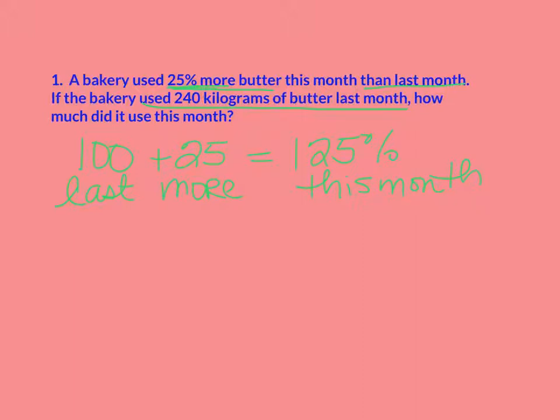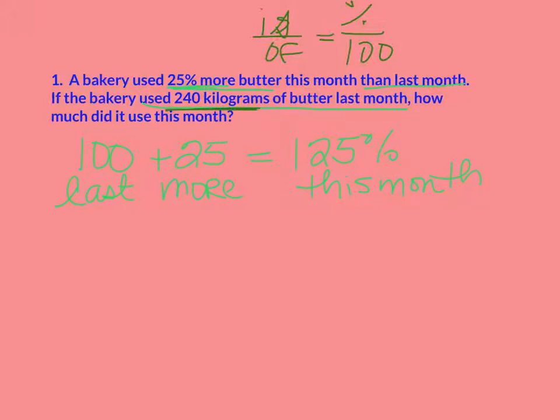Okay, and then I'm just going to use my percent proportion to solve this. I know my percent proportion is always is over of equals percent over 100. So is how much.